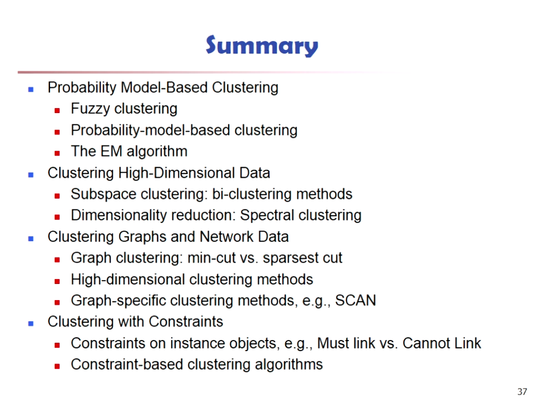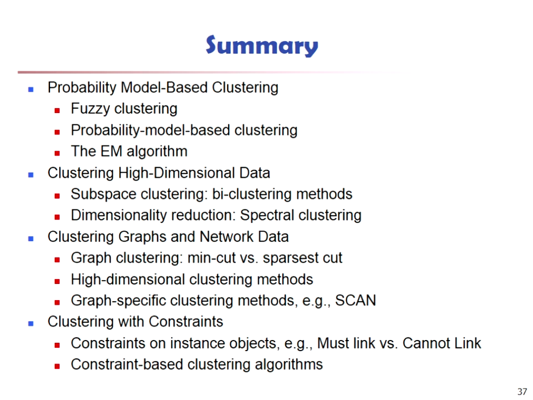In this chapter, we discussed probability model-based clustering, fuzzy clustering, and the EM algorithm. All these types provide the possibility for an object to belong to more than one cluster. We also discussed methods for clustering high-dimensional data: subspace clustering and dimensionality reduction.